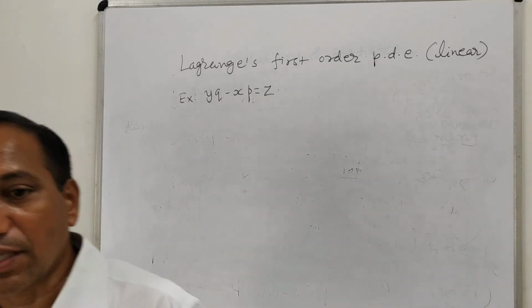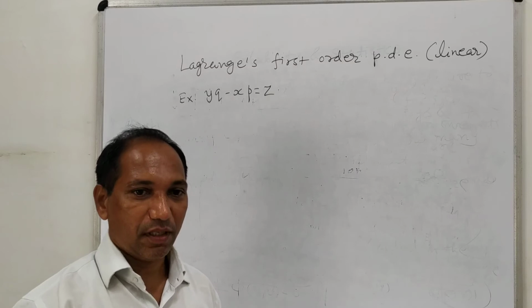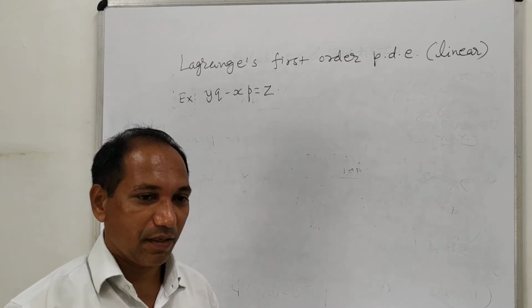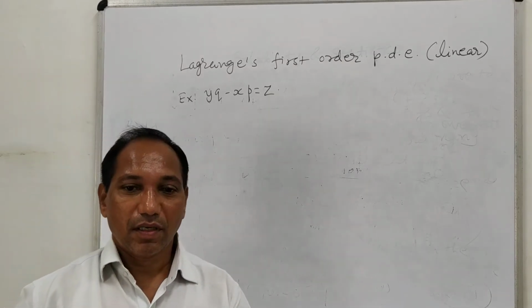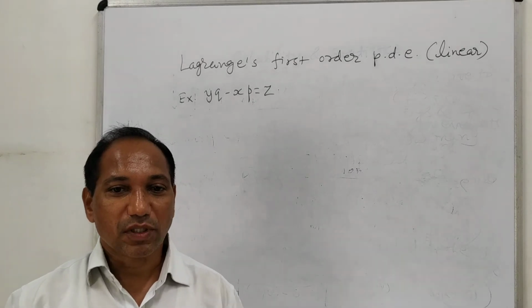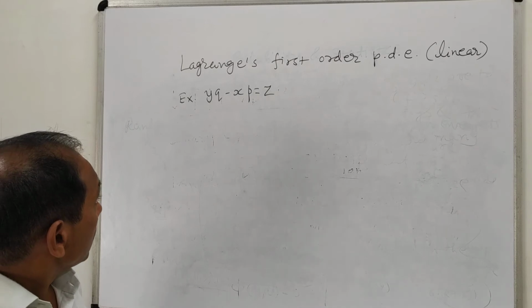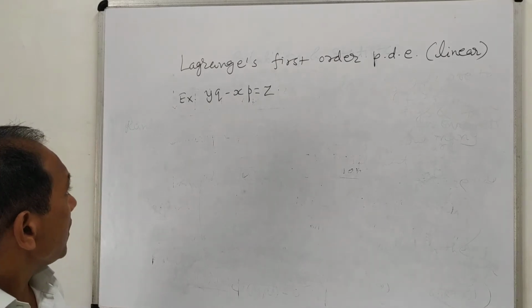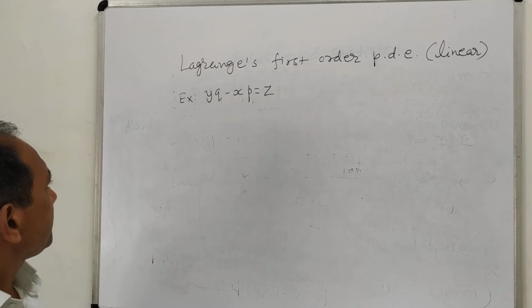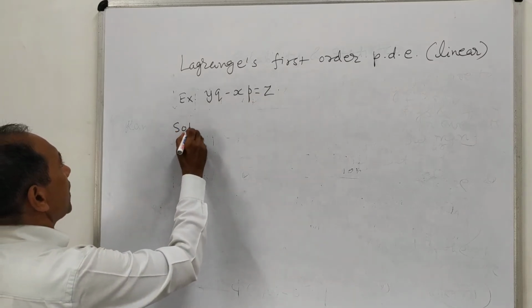But always think of the first method first, then go for the second method. If you use this approach, your solution process will become very, very simple. So now we go for the solution.